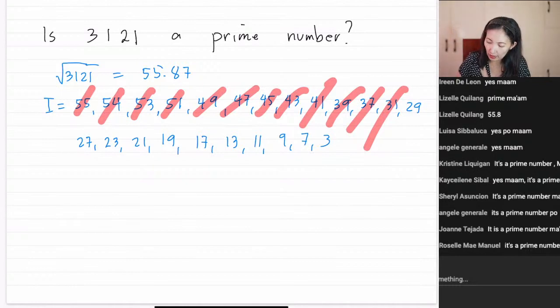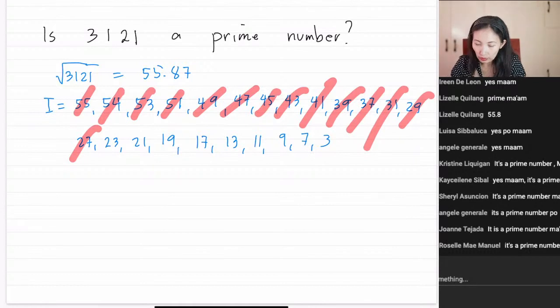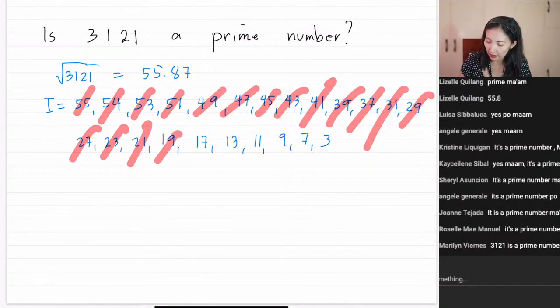Okay, next. 3,121 divided by 27. No. 3,121 divided by 23. No? 3,121 divided by 21. Strike out. 3,121 divided by 19. Also, hindi pwede. So strike out. 3,121 divided by 17.